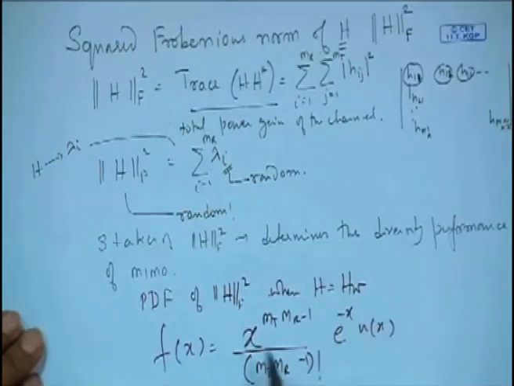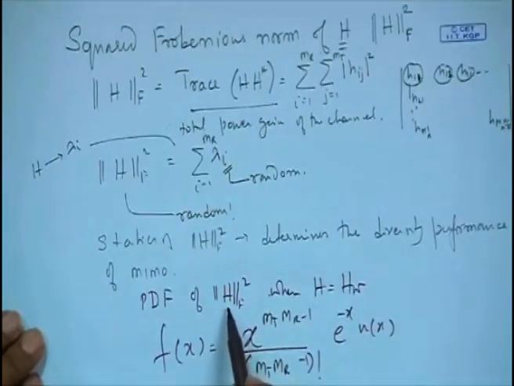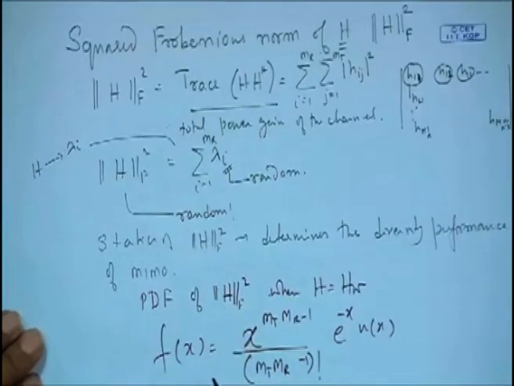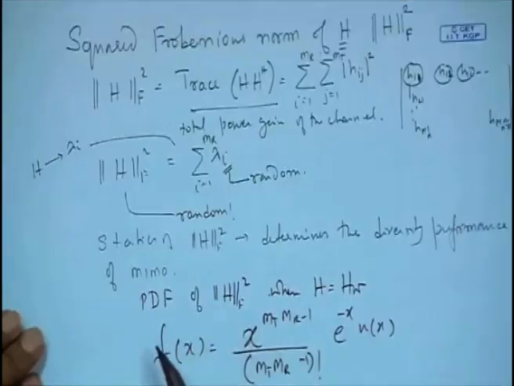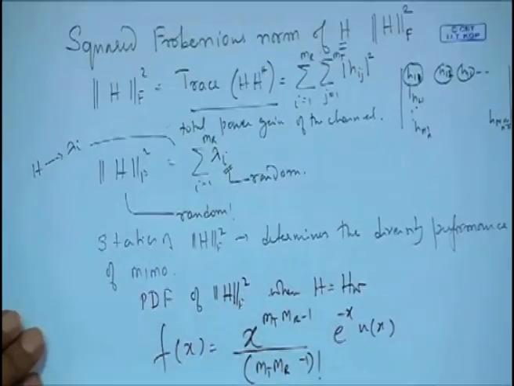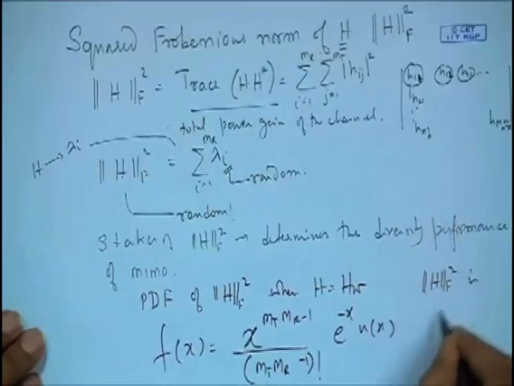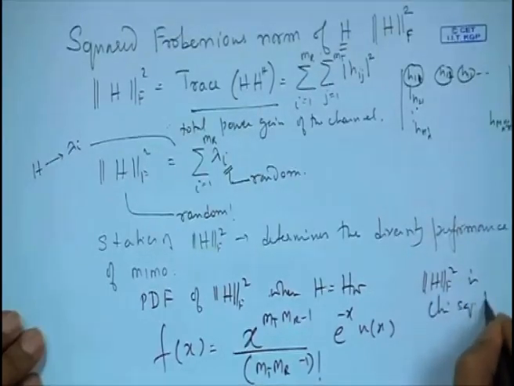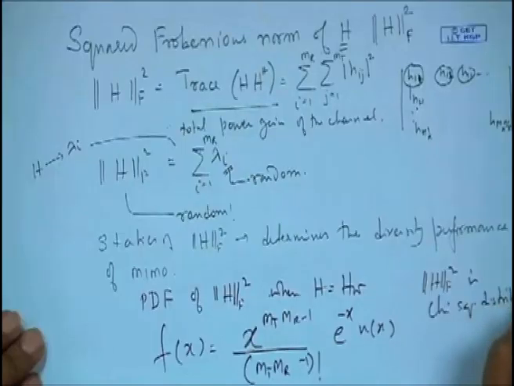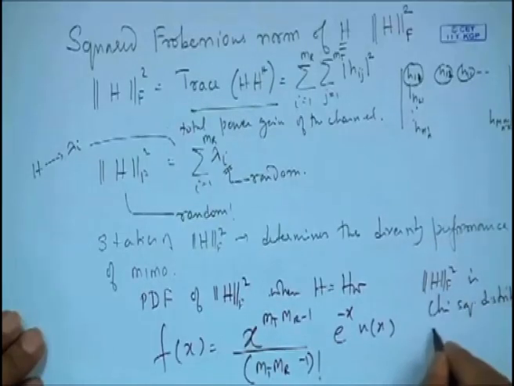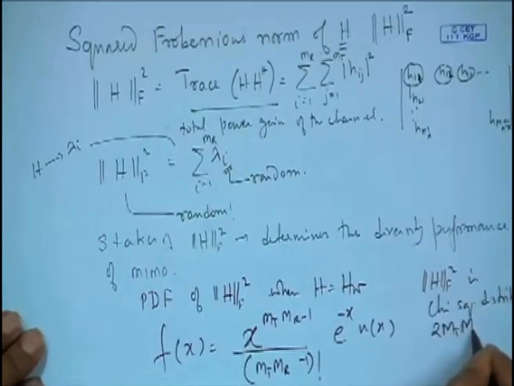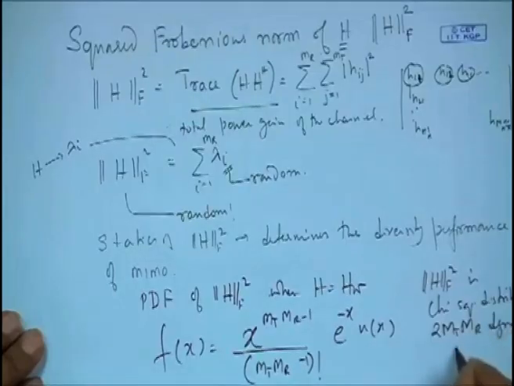This is always positive, greater than or equal to 0. So the expression for the PDF is this, and therefore we could say that the squared Frobenius norm is chi-squared distributed, with 2 times mt mr degrees of freedom.